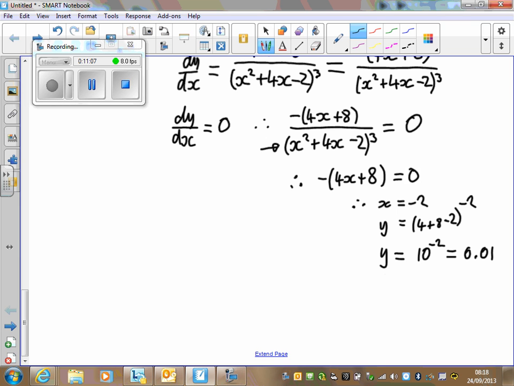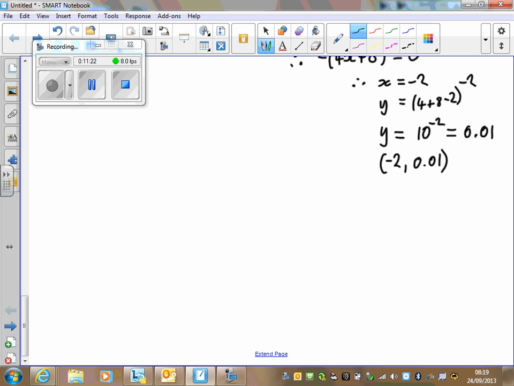So we get minus 6, so minus 6 to the minus 2, which is equal to 1 over 36. So our stationary point has coordinates minus 2, 1/36. Not going to classify that yet because we need to know a bit more: we need to differentiate dy/dx, and we can't do that one yet. But that is essentially the chain rule.